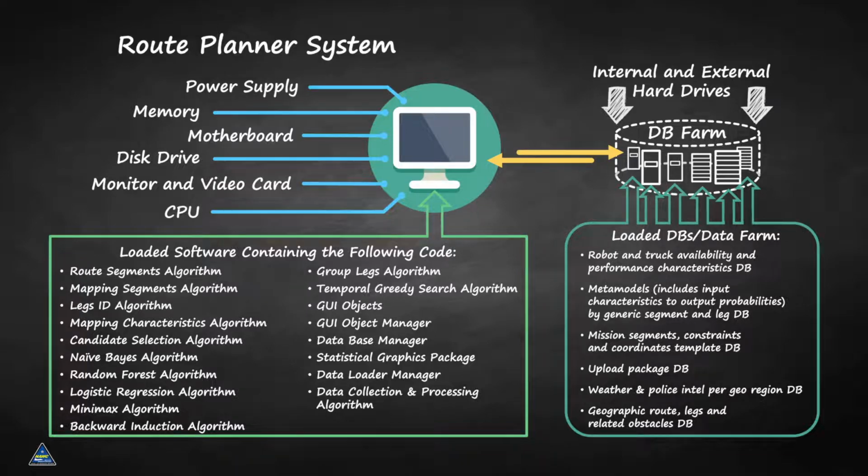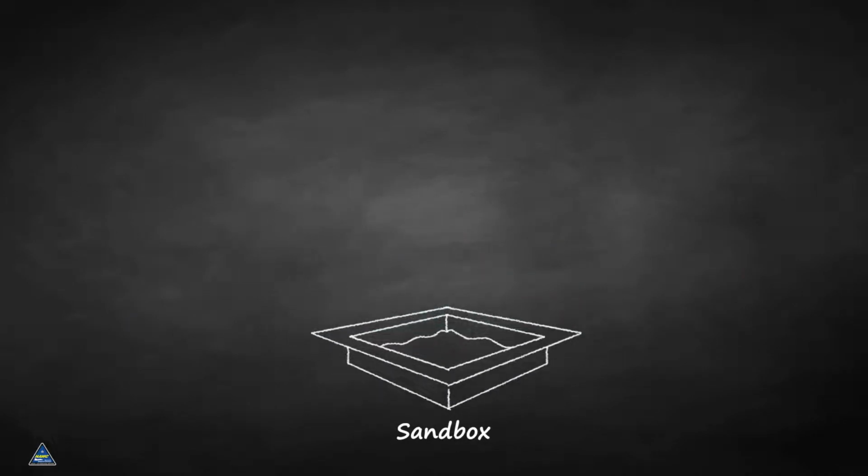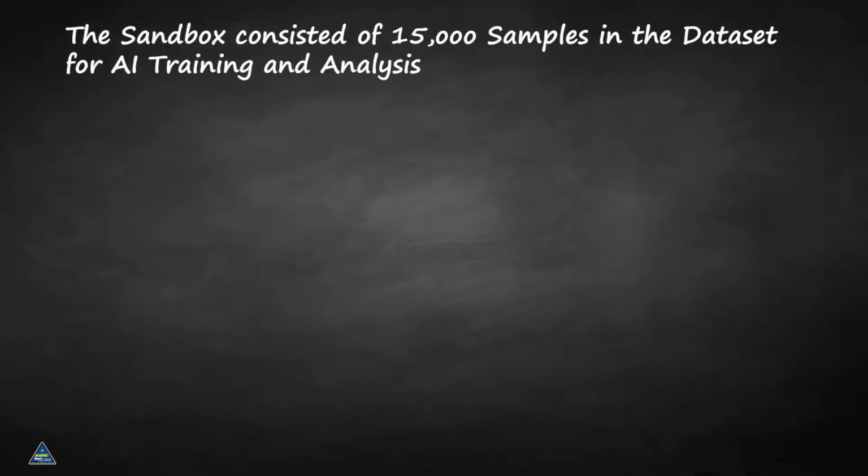The route planner system joins the robot system, and together it gives us a good foundation with artificial intelligence functions and non-artificial intelligence functions for us to review autonomy and for us to understand what it takes to have greater confidence in an autonomous system. So let's look at how these two autonomous systems are going to work together.